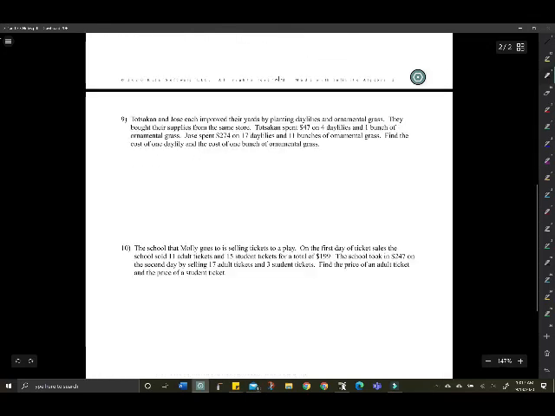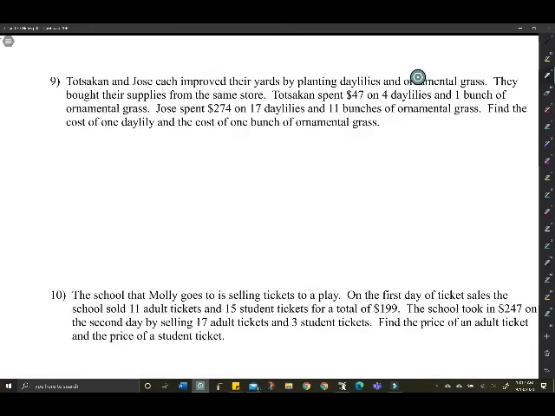Our word problems are going to all involve systems of equations. So systems word problems. And really, it's all about the setup. You have to set them up properly. You're going to have 2 equations.